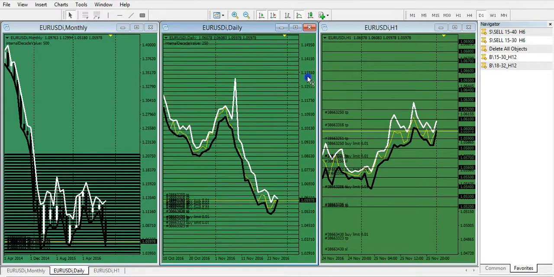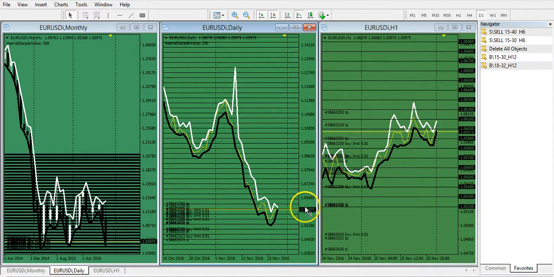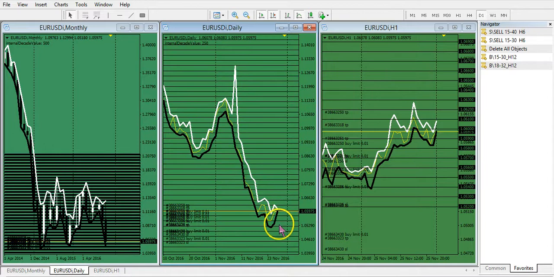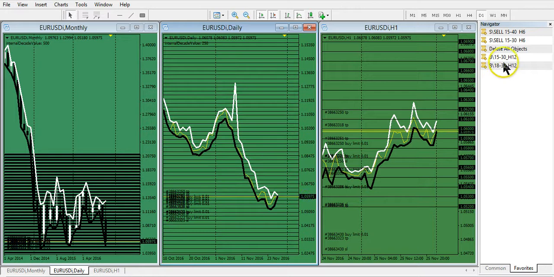So the daily here looks like, hey, it's safe. It's going to take a lot to press it down there. It's going to have to go down another 50, 75 pips to even get near that. Now, if you are a risk taker, depending how it bounces, we don't know.